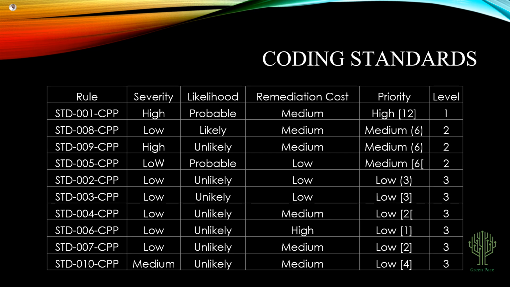Here are the 10 coding standards listed in priority order based on their threat level. STD001 CPP, defining C-style variadic functions. STD008 CPP, avoiding exceptions and destructors. STD009 CPP, avoiding modifications to standard namespaces.